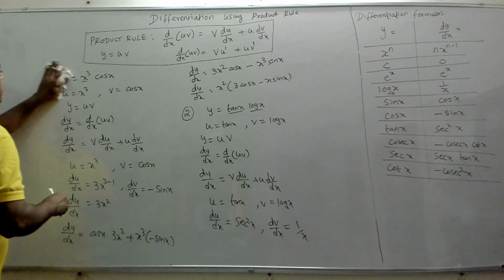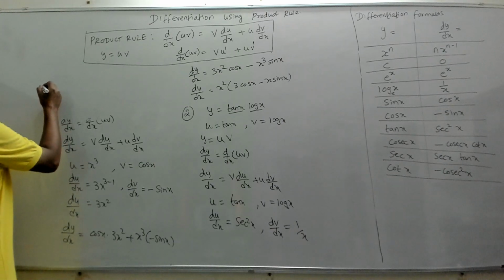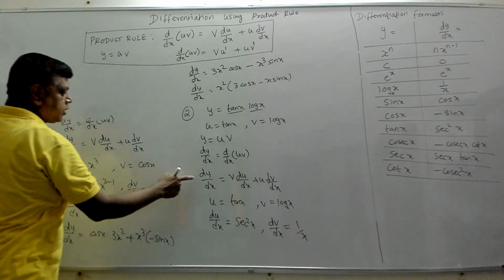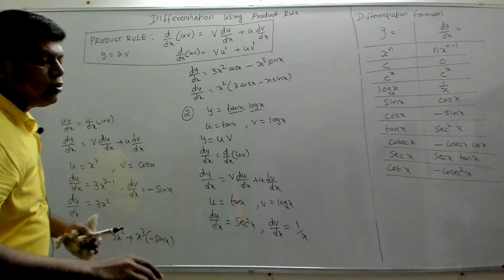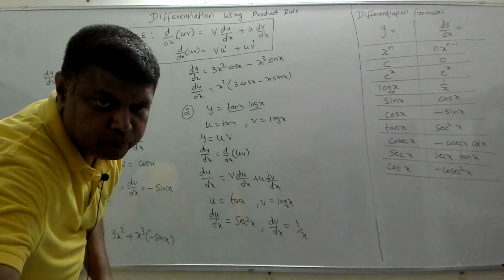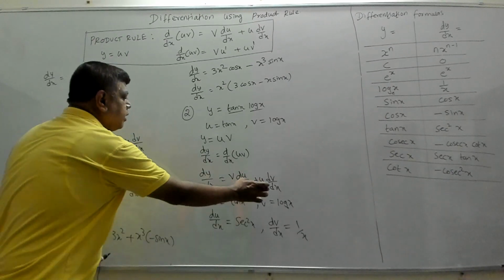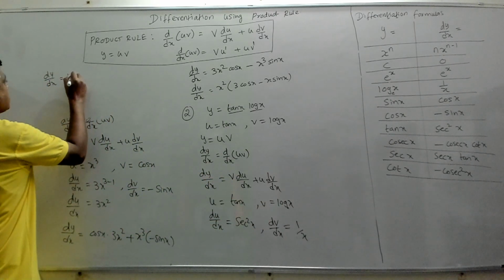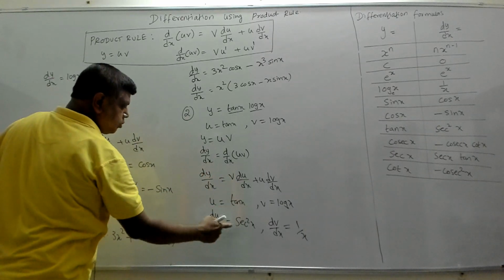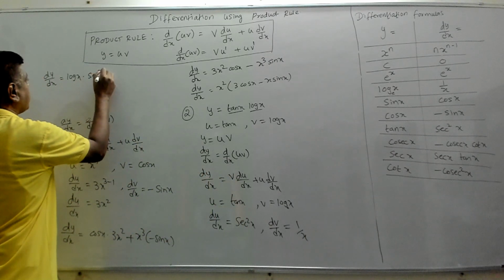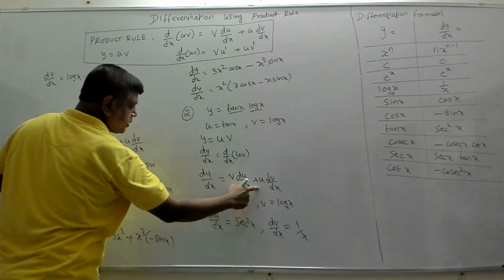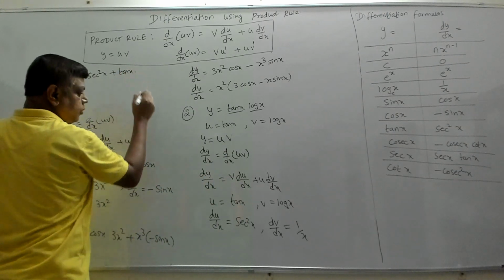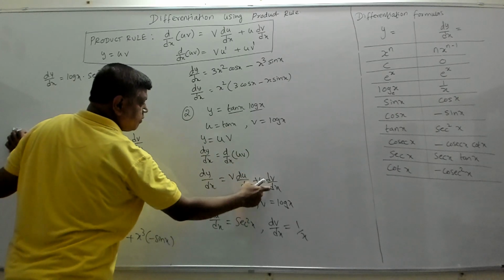So dy by dx is equal to v into du by dx plus u dv by dx. v is log x, so log x into du by dx, which is secant square x, plus u, which is tan x, into dv by dx, which is 1 by x.